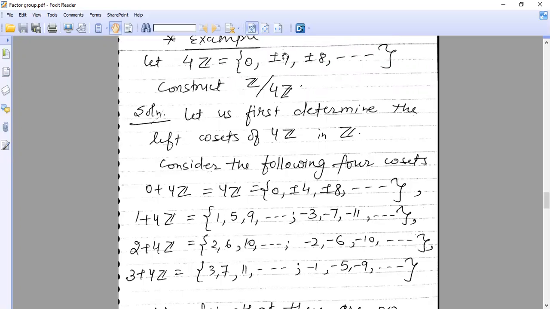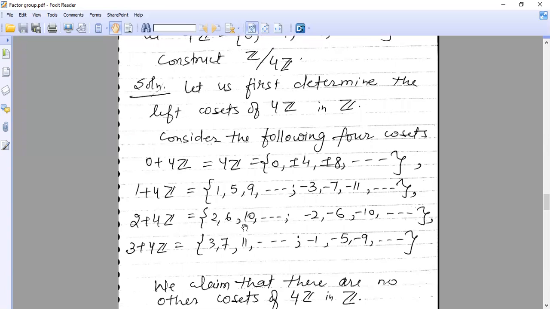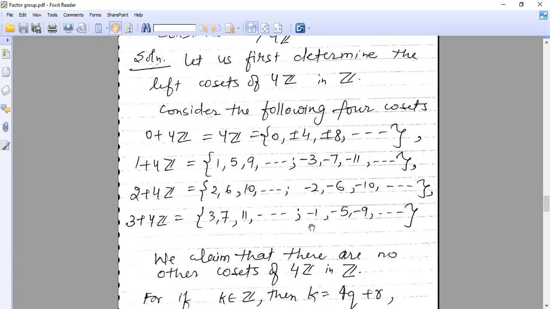And when you are taking the negatives, 1 minus 4 will be minus 3, 1 minus 8 will be minus 7 and so on. So you will get a set like this. 2 plus 4Z will be this: 2, 6, 10 and so on, and minus 2, minus 6, minus 10 and so on. 3 plus 4Z is this.